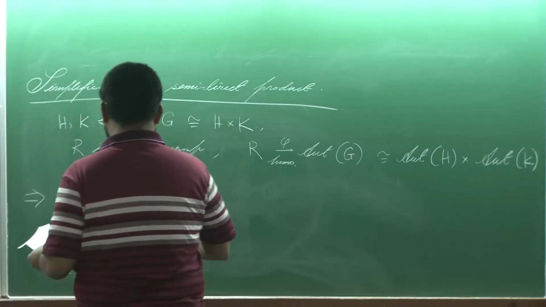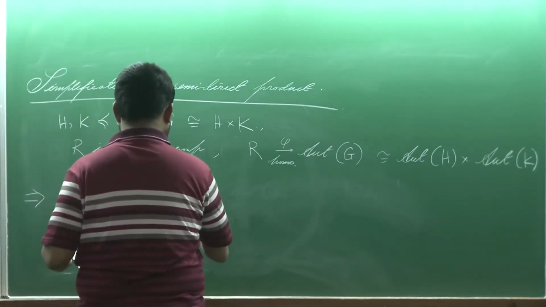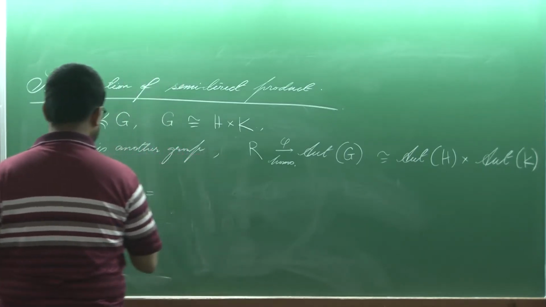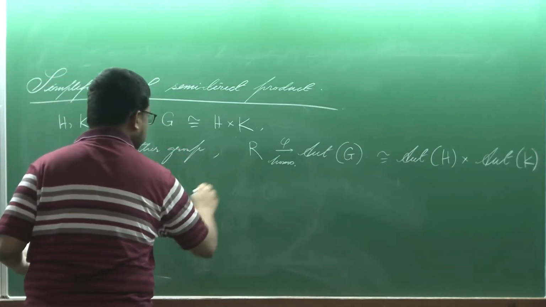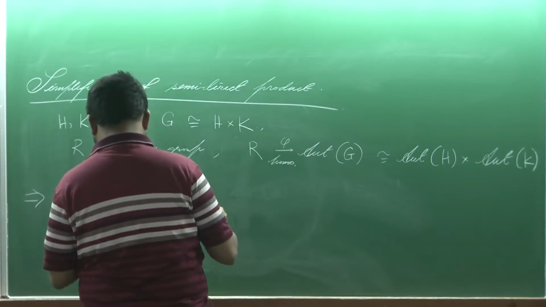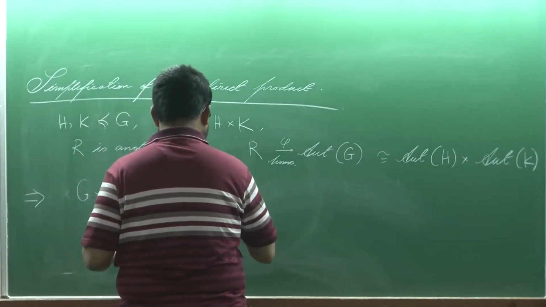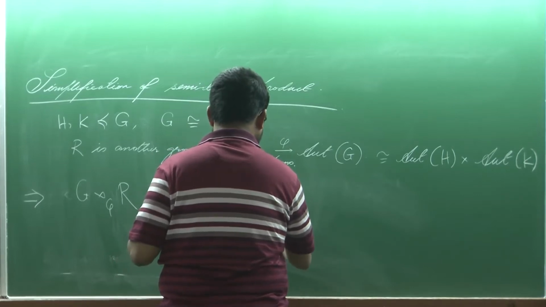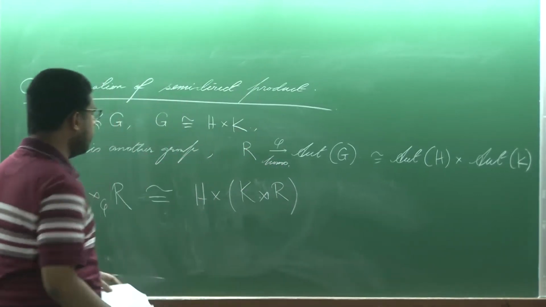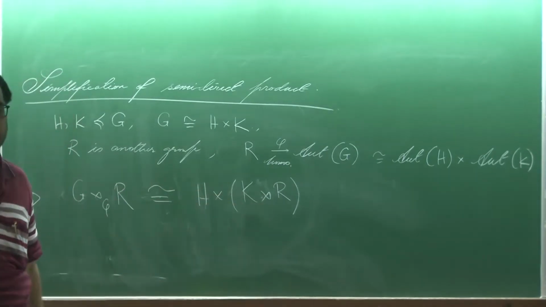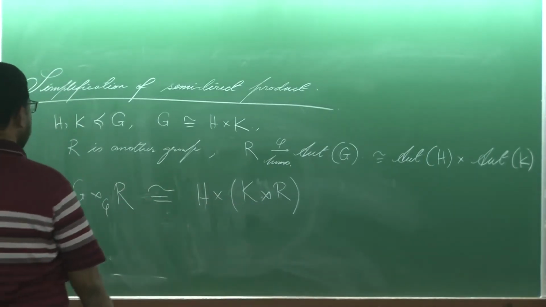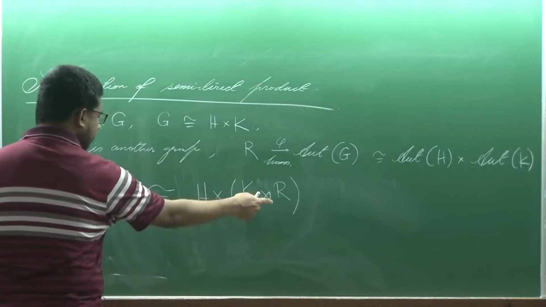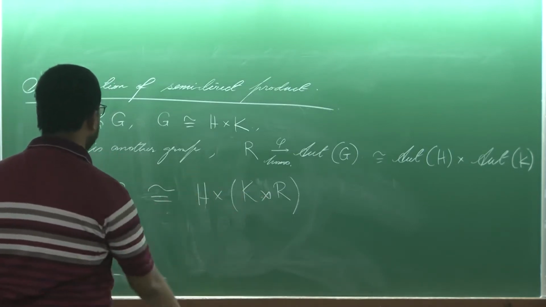We can immediately see that this is an isomorphism: H direct product with K semidirect product R. The homomorphism appearing here is quite natural, which I will explain in a moment, and hence it is omitted from the notation.